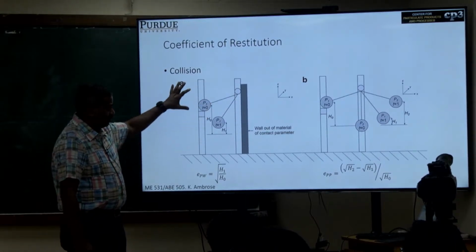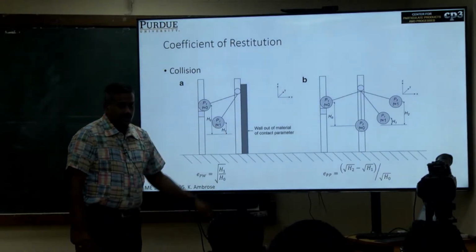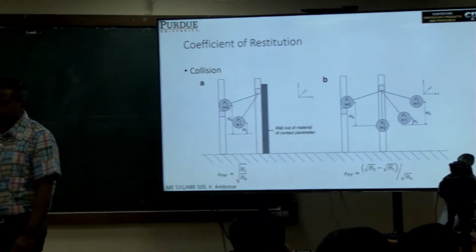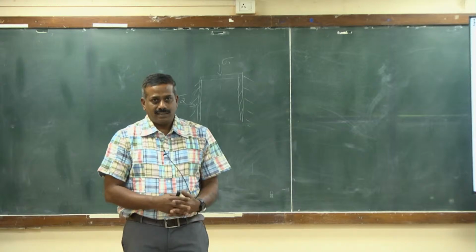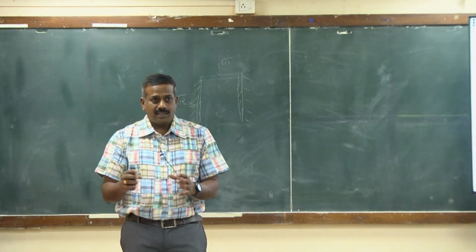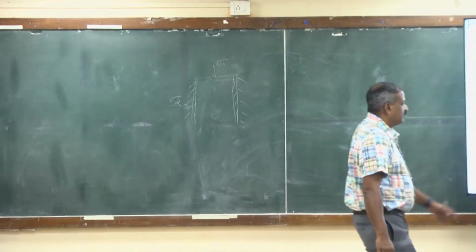There are different setups to measure. One is based on impact or collision. You make the material collide, and from the change in height before and after collision, you get the coefficient of restitution. The change in height or the distance it travels after collision is directly dependent on the energy it's losing. If it's not losing a lot of energy, it comes back.